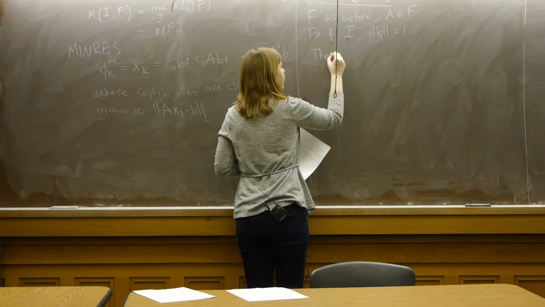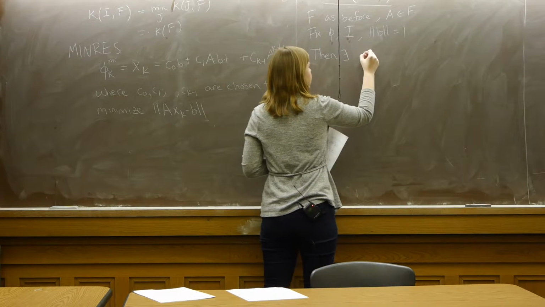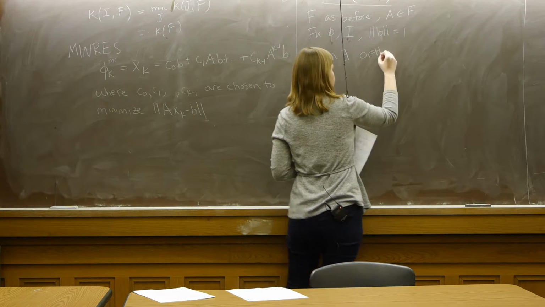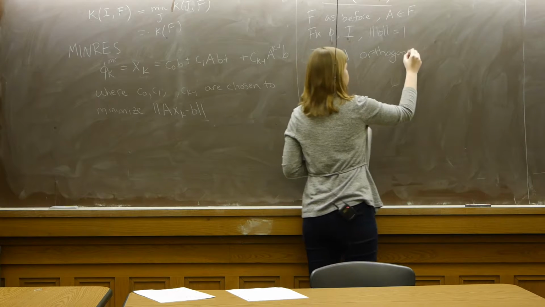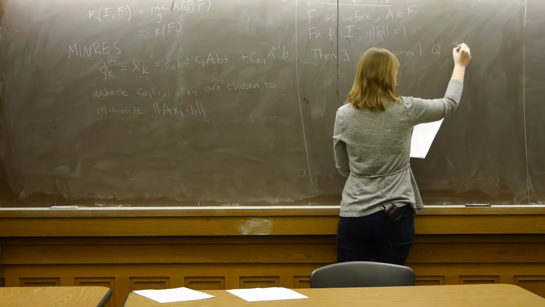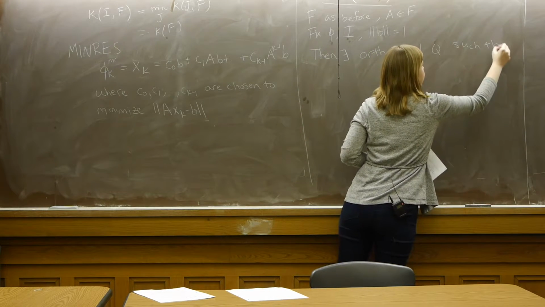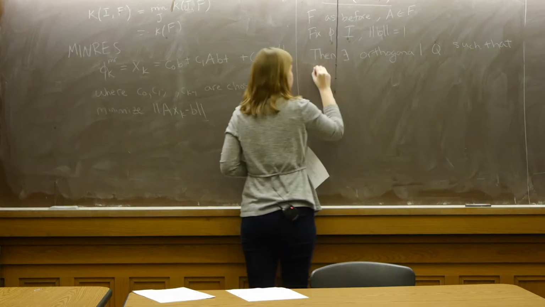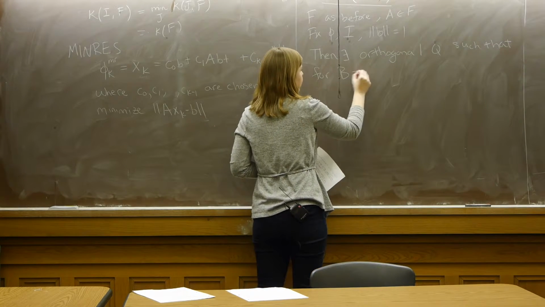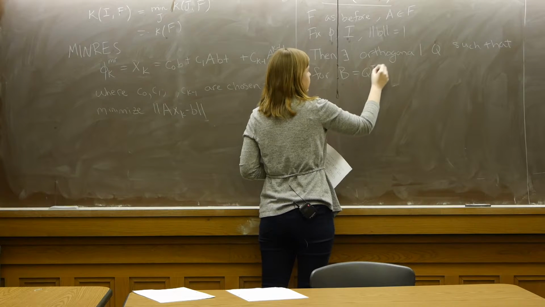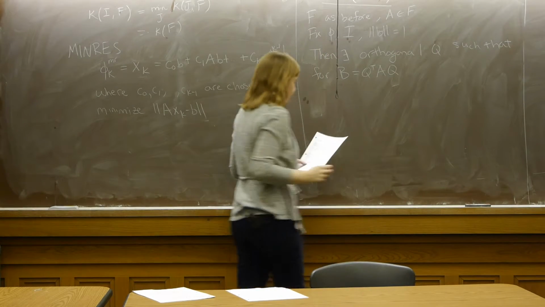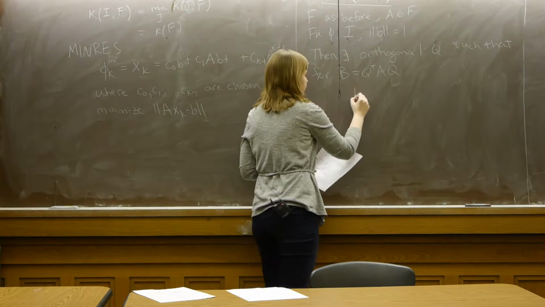Then there exists an orthogonal matrix Q such that, for B, we'll define as Q transpose A Q. We have this result.